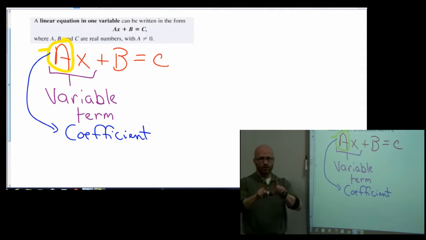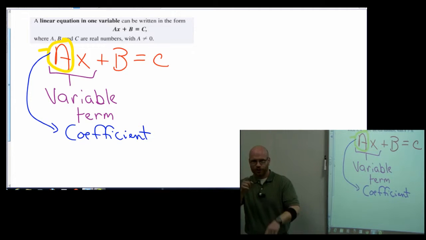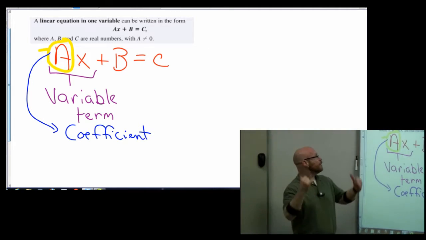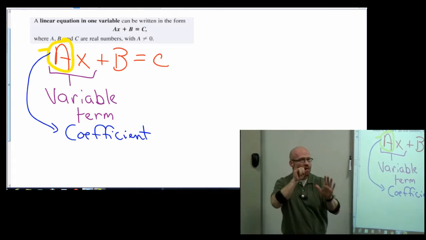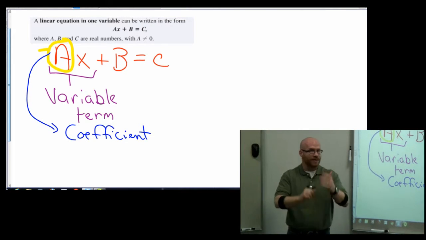So we have also b and c. B is the constant term, and c will be the answer. Okay? So now, first we identify what linear equations mean, what they look like, what they don't look like.